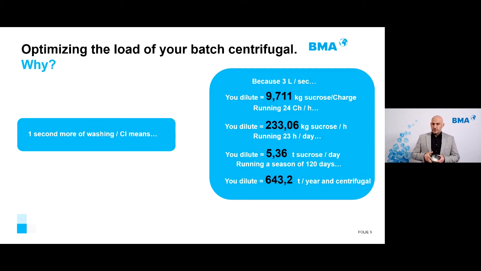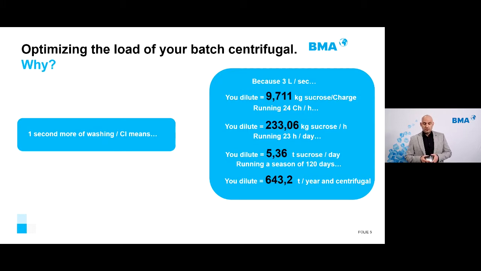If you are running during the season, during the campaign, 23 hours per day, let me assume some cleaning cycles and some small delays because of interlocking and whatever, that means that per day you are diluting 5.36 tons of sugar inside the basket.